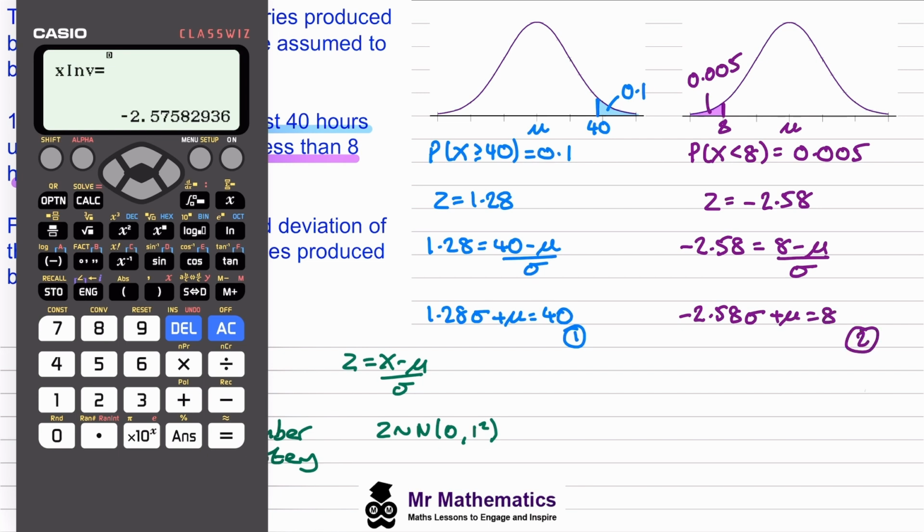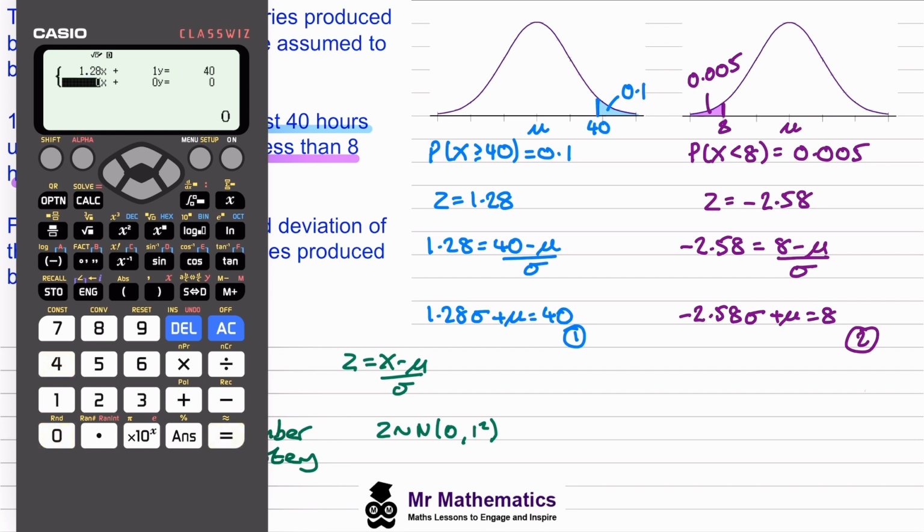And now we can solve these two equations simultaneously. If we go to menu, we want the equation solver, one for simultaneous equations with two unknowns. The coefficient of sigma is 1.28, the coefficient of mu is 1, and the constant is 40.